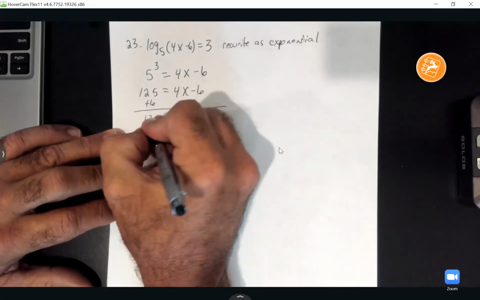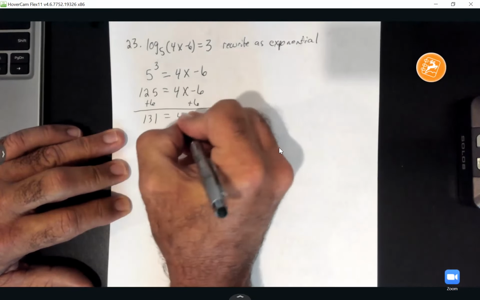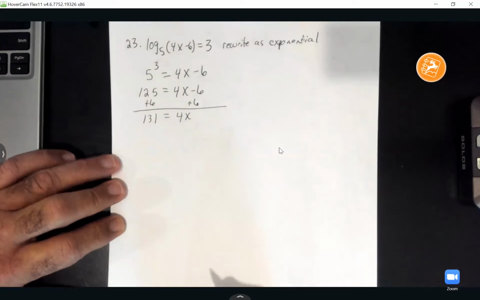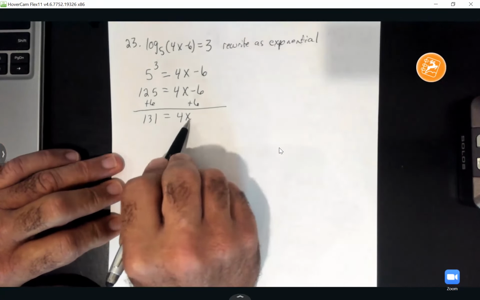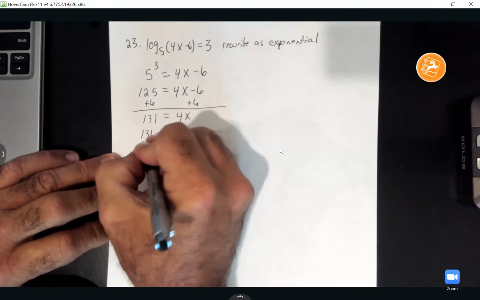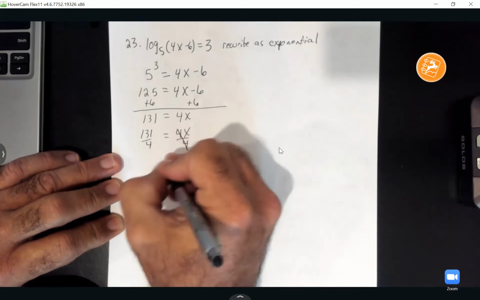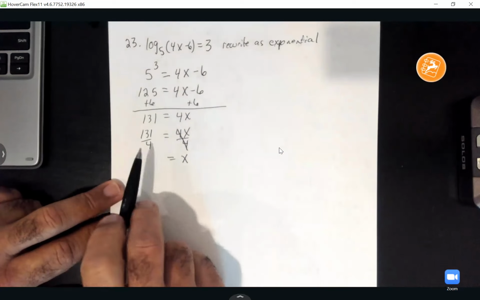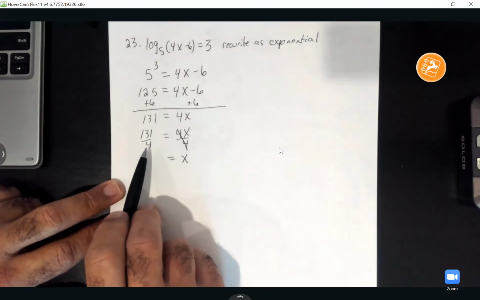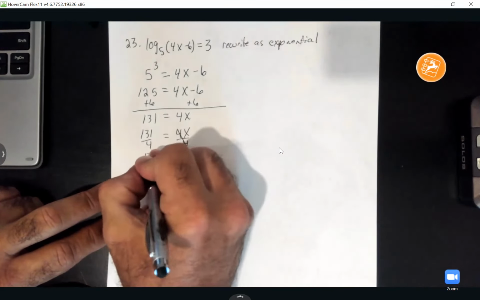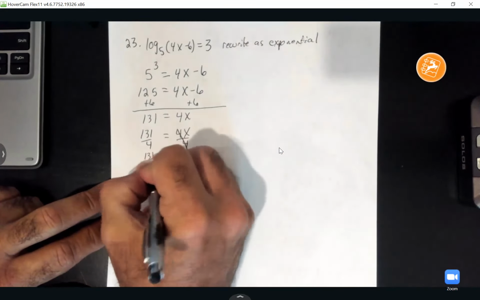So that's going to give me 131 equal to my 4x. And then to make that a 1x, I divide both sides by the 4. So those cancel, and that's my x. Y'all, I don't think mine will simplify, so I'm going to leave that at 131 over 4.